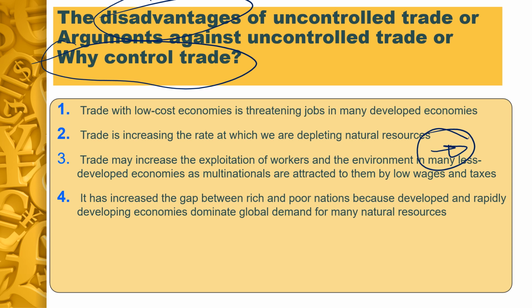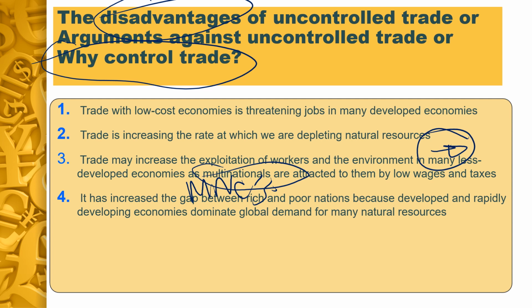The third one would be trade may increase the exploitation of workers and the environment in many less developed economies, which we already explained previously when I was talking about the disadvantages of MNCs to the host country, as multinationals are attracted to them by low wage and taxes. Finally, it has increased the gap between the rich and the poor nations.